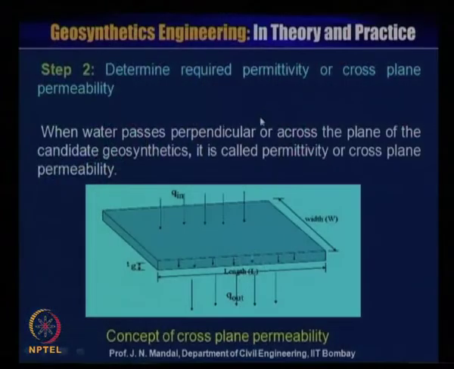Now, second, you have to determine the required permittivity or cross plane permeability, because when water passes perpendicular to, or across, the plane of the candidate geosynthetic, it is called permittivity or cross plane permeability. You can see in this figure the concept of cross plane permeability, which we discussed earlier.